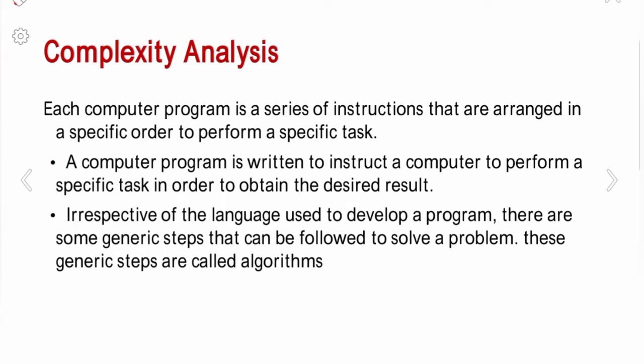And then we have to give the input to the integers, and then we have to perform the sum of two integers. Okay, so this is the process of solving the sum of two numbers. So this is the set of steps to solve the sum of two numbers. So this is called an algorithm.